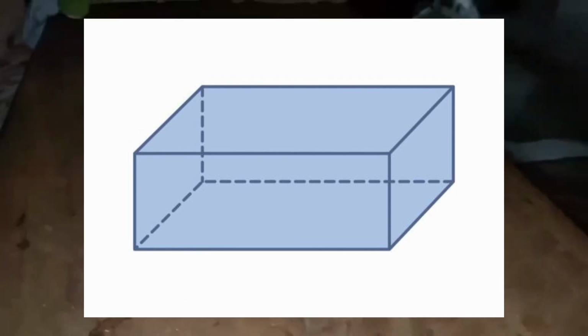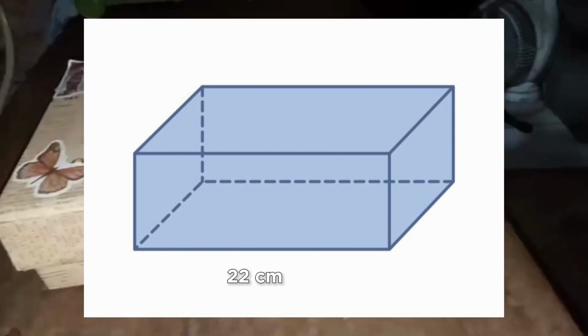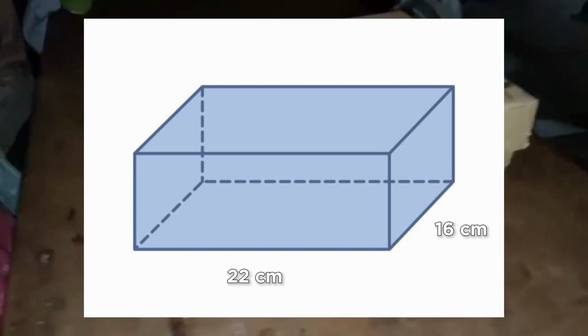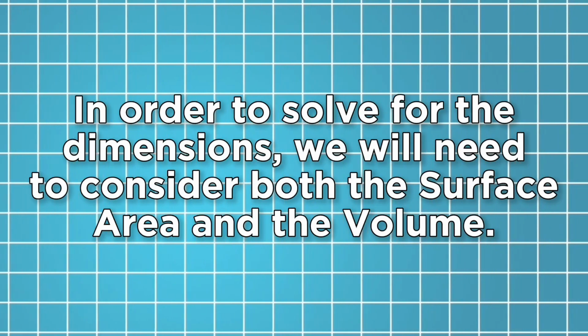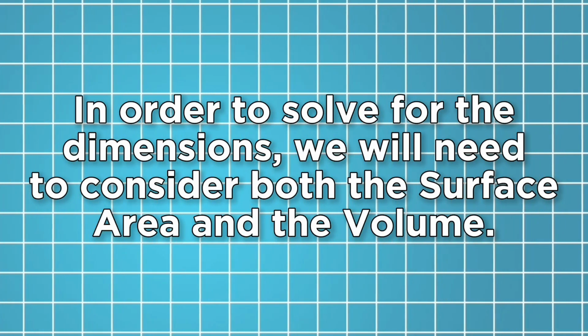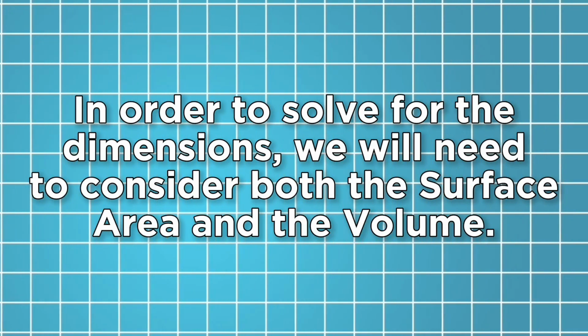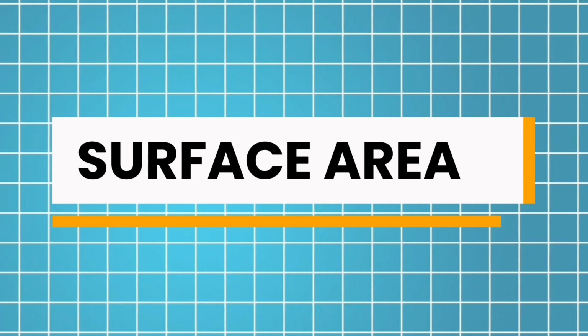As for the box's dimensions, it is 22 centimeters in length, 16 centimeters in width, and 6 centimeters in height. In order to solve, we will need to consider both the surface area and the volume. Firstly, we will solve for the surface area.